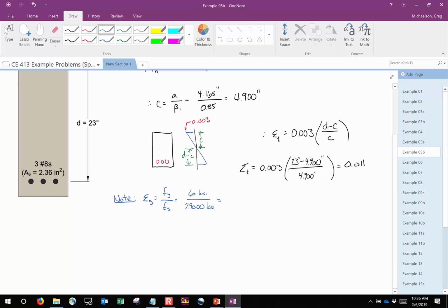So what does that come out to be? 0.00 and it's 207, something like that. So from this, I propose that we can make 3 very, very important observations.